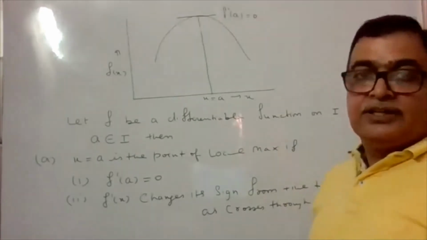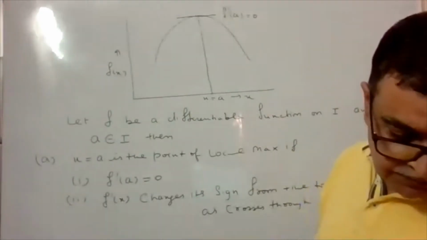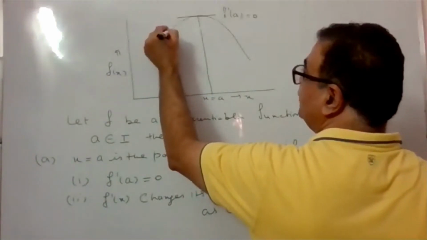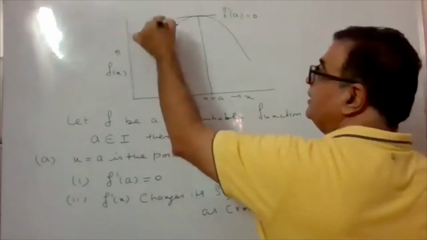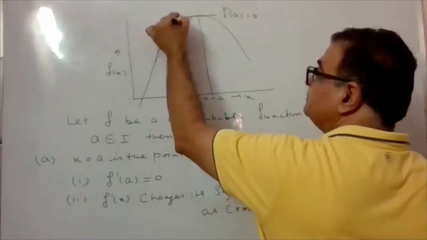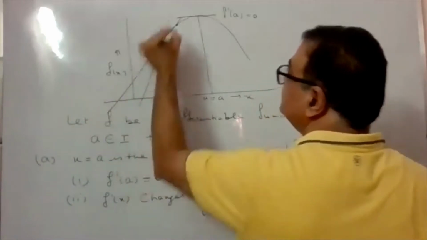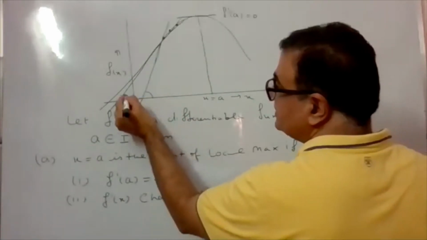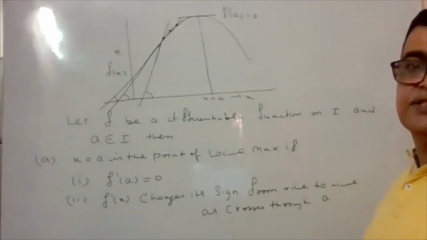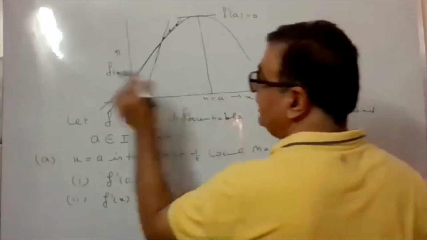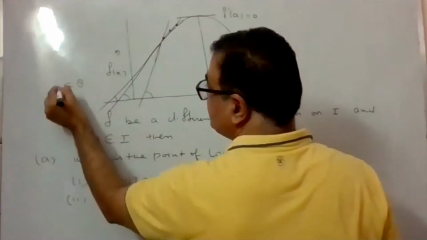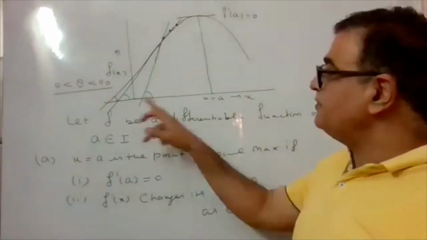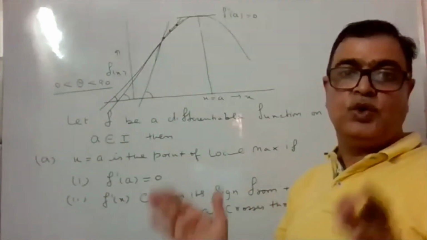The second condition is that if you take its left neighborhood, somewhere here, or here, or here, and you draw the tangents, anywhere you draw the tangent, these tangents make an acute angle with the x-axis. That means on this left side, theta is always between 0 and 90.